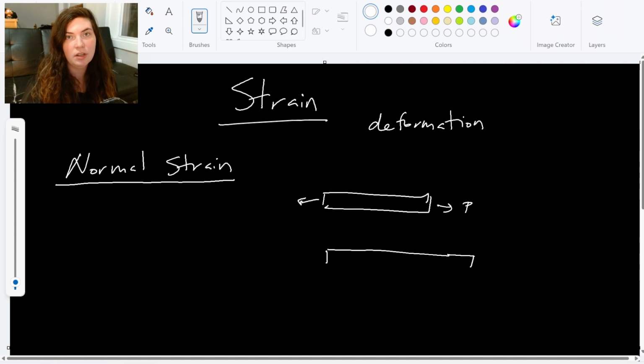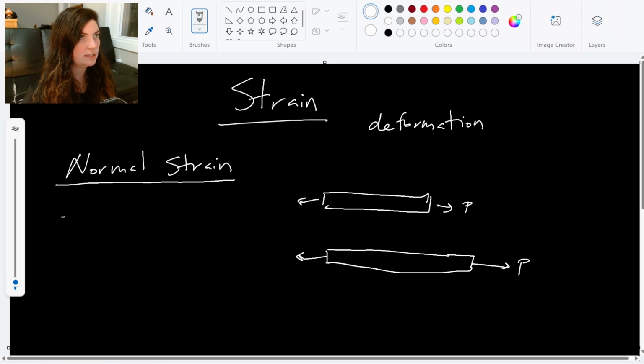Like Play-Doh. If you play with Play-Doh and you have a little Play-Doh snake, you roll out a little Play-Doh snake for yourself, and then you stretch it out, you see it start to get longer. It starts to deform before it eventually gets too thin and breaks. Right? So it's a description of this elongation that this is going through due to this normal stress.